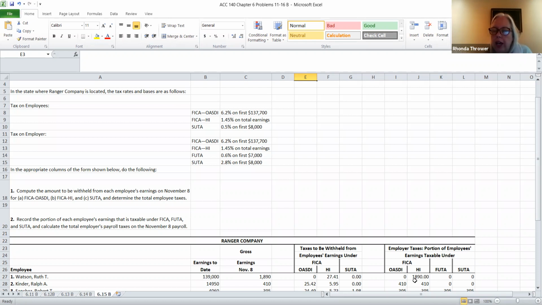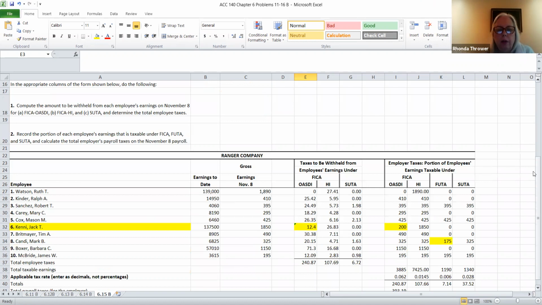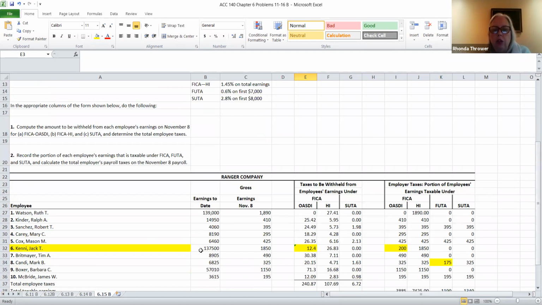Later on, we're going to calculate the taxes. So they have 10 employees here that they've given you the earnings to date, and they've given you the gross earnings. And what you got to do is figure the taxes that would be owed by the employee. And those are the taxes that will be taken out of the employee's paycheck.